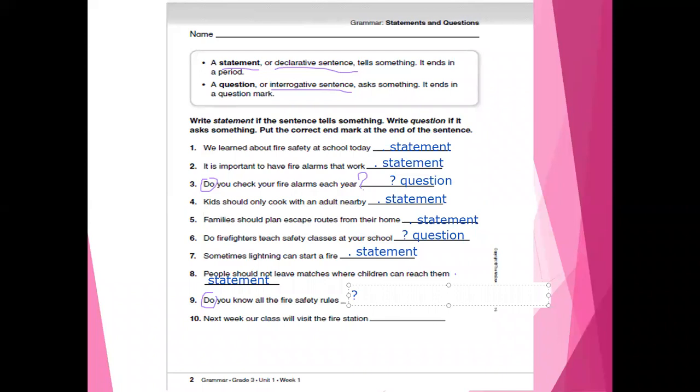Yes, I do, or no, I don't. So, question. Next week, our class will visit the fire station. Here they tell us something, so statement. And the statement ends with a period, so we will put a period.